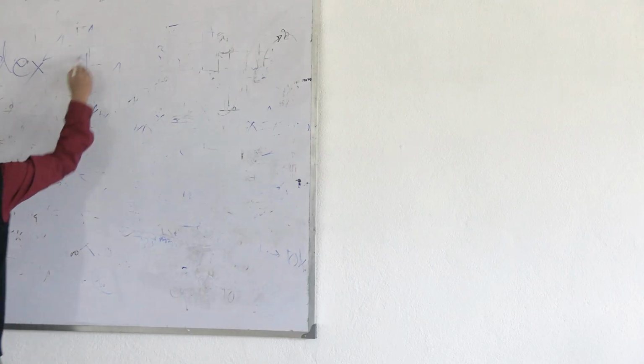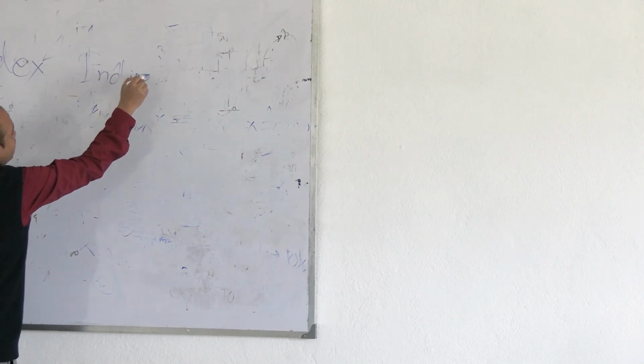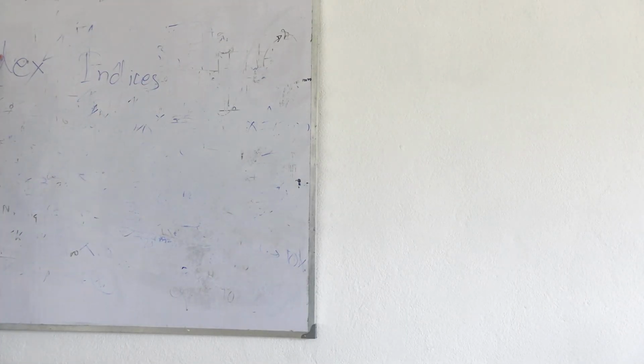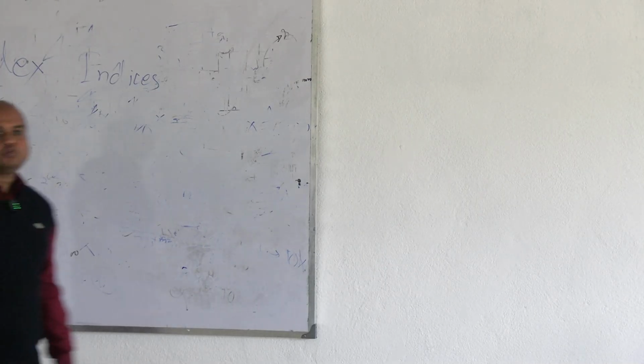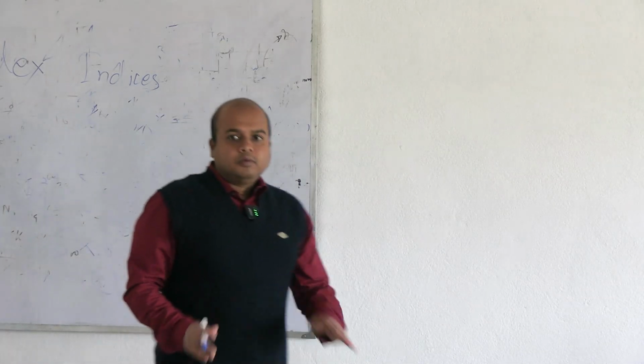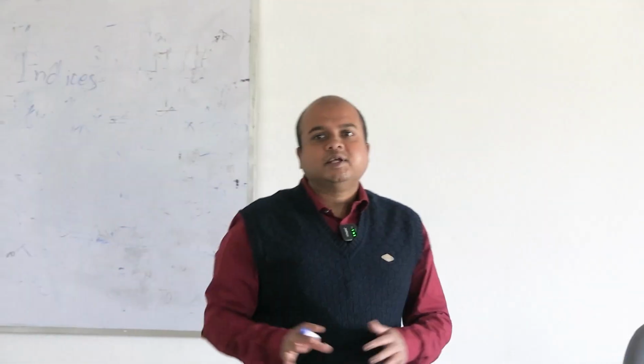So what do we mean by the term indices, or what do we mean by the term index? Indices is just the plural form of index. Index has different meanings. The index of a book, we will find at the end of the book. In quantitative measurements, index means it indicates the quantity of something, okay.